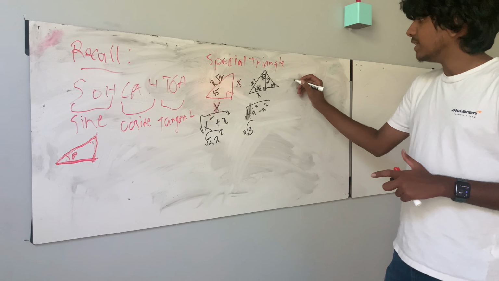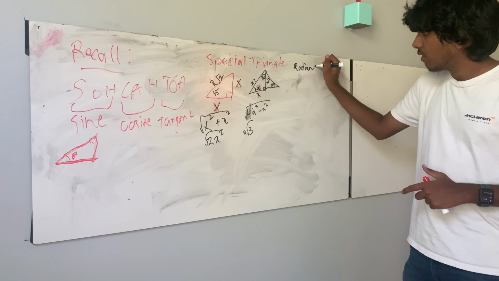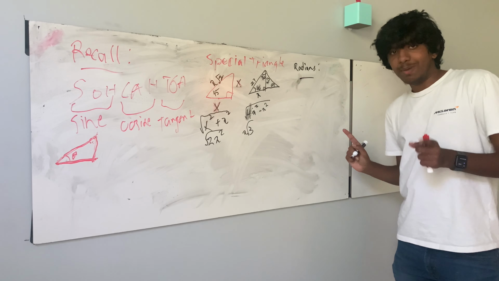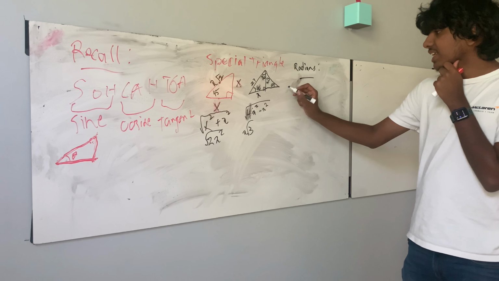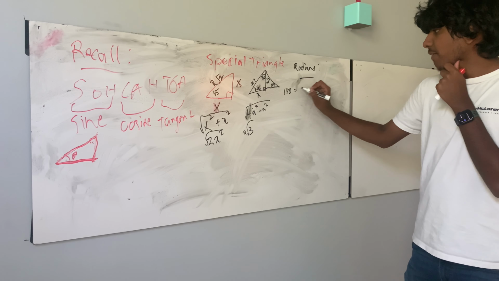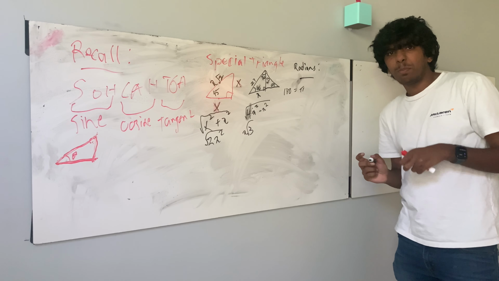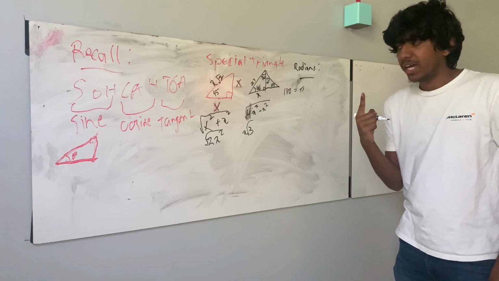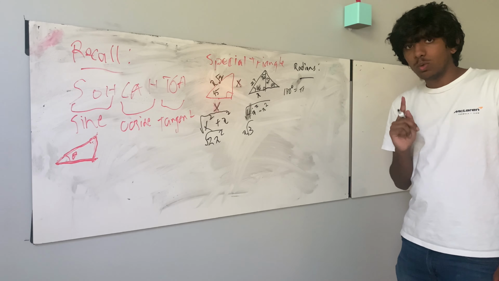Also, one more thing is radians. It's just a unit of measure. So for every 180 degrees, you would have pi radians. Same thing as like every 1.6 kilometers you would have 1 mile. And what is 1 radian?